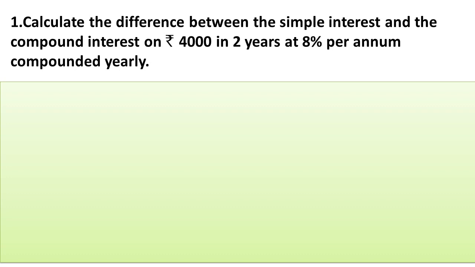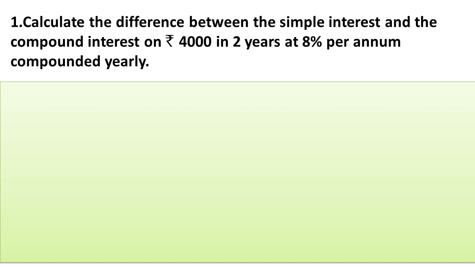In the previous classes, while discussing the difference between simple interest and compound interest, one point was clear for us, that the compound interest will be more than the simple interest. Let us understand that concept still more clearly by solving this problem.